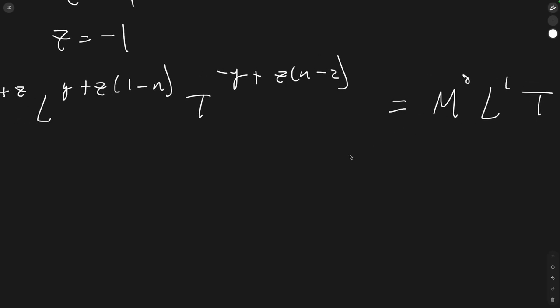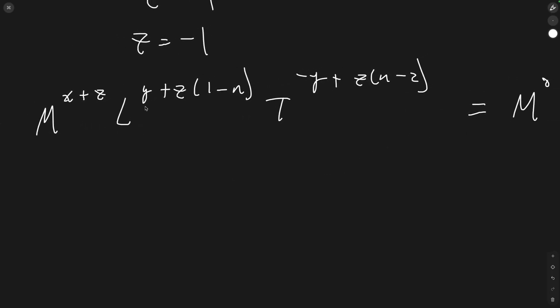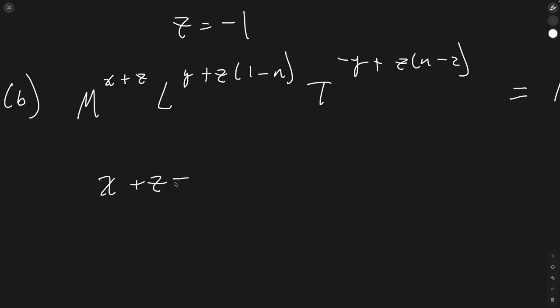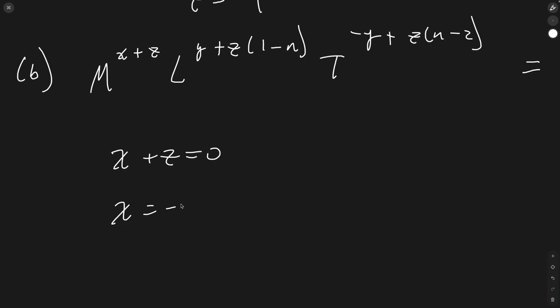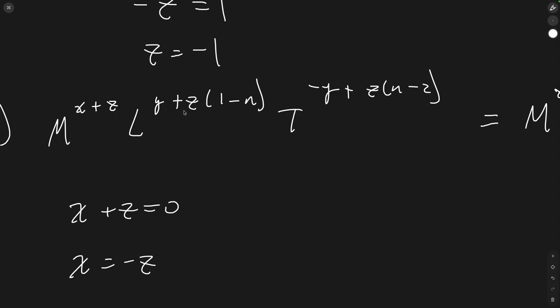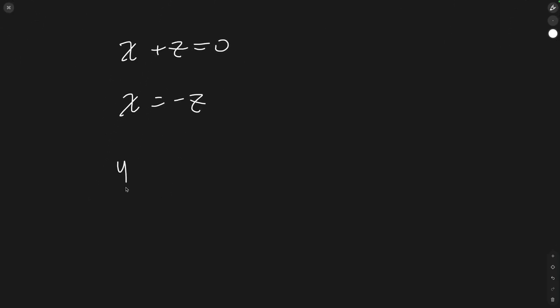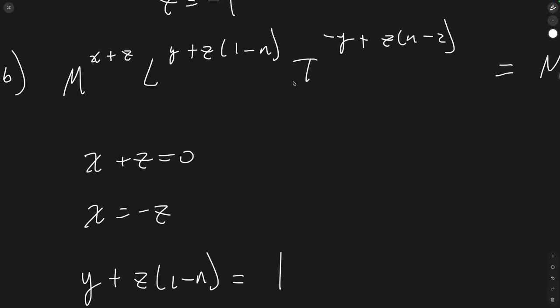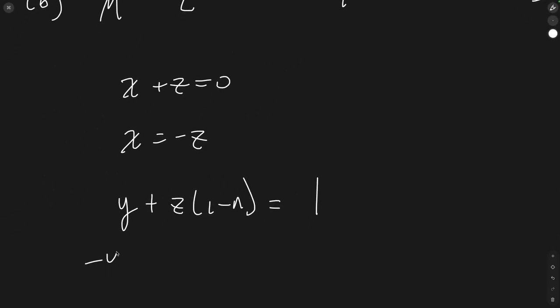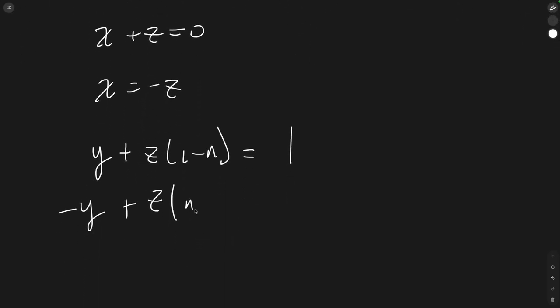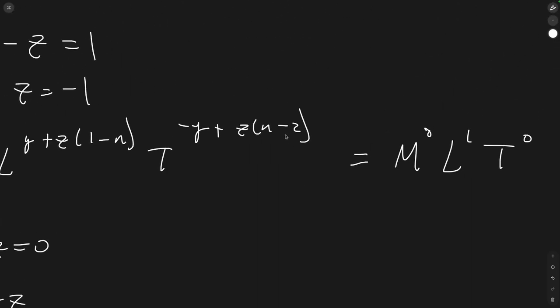Right, because it's distance, okay? So again, x plus z equals 0, which means that x is negative z. y plus z times 1 minus n equals 1. And negative y plus z times n minus 2 equals 0.